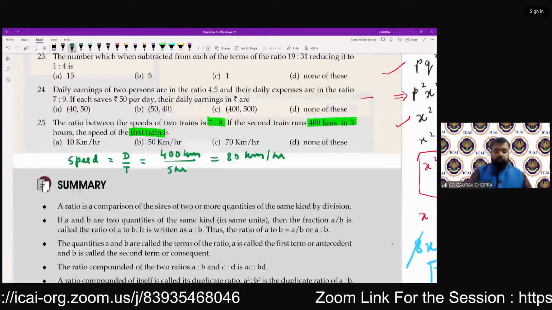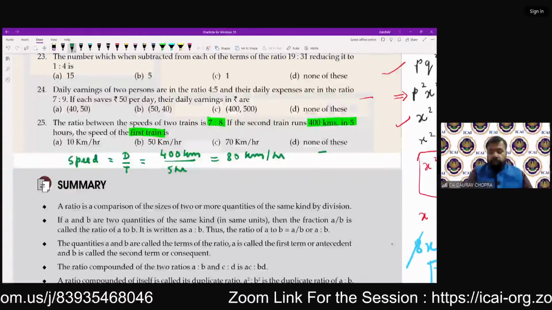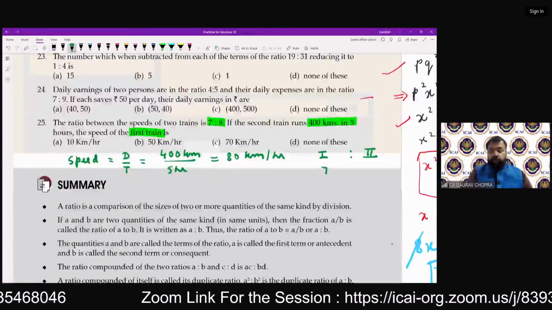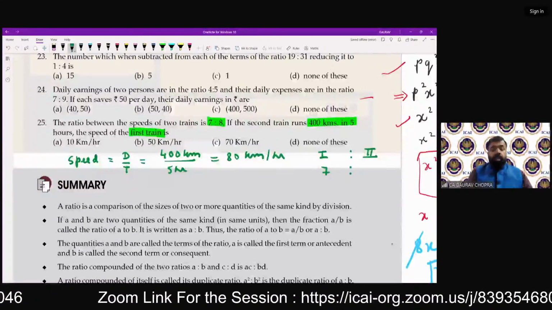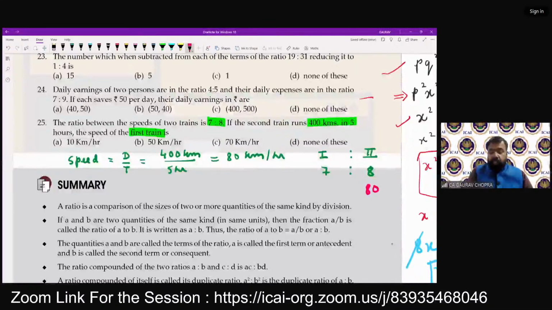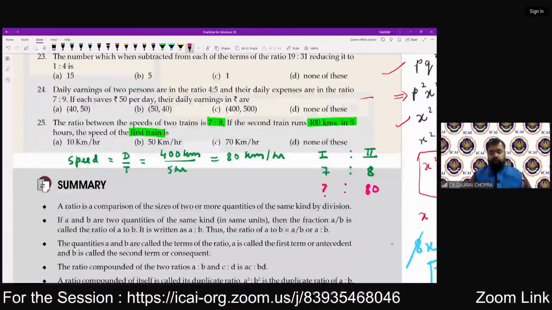Now, the simplest way to solve: first train, second train, ratio is given 7:8. The actual speed of the second train is 80. What will be the actual speed of the first train? You have to calculate this.